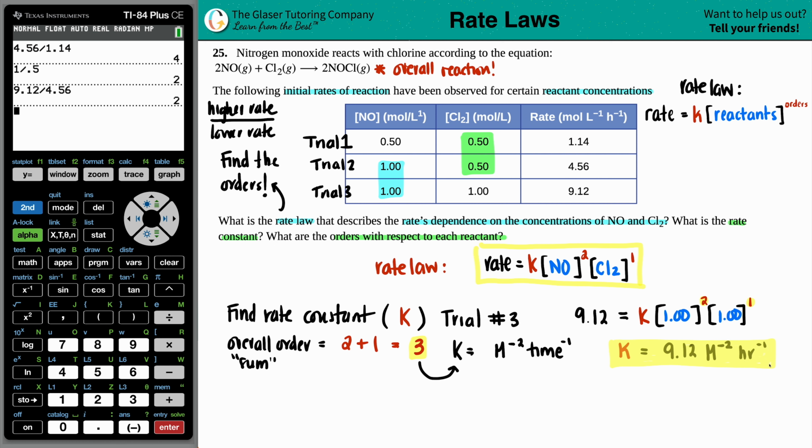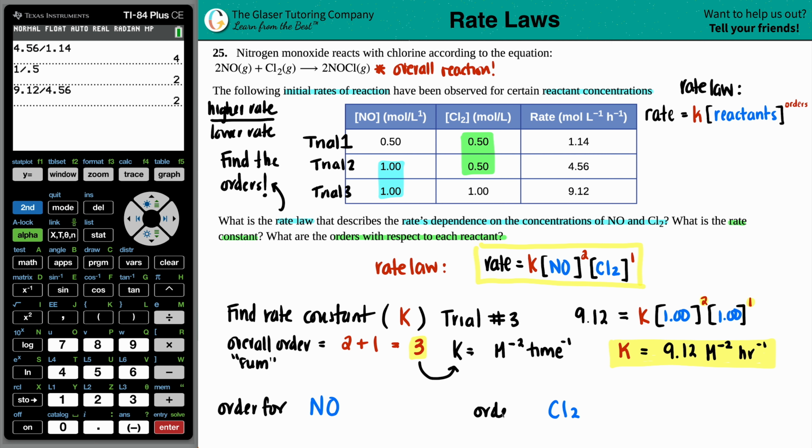Now, the last piece of the puzzle. It said, what are the orders with respect to each reactant? This basically means what's the order for the specific reactant. So we have NO and we have Cl2, and we have to find the order for NO and the order for Cl2.